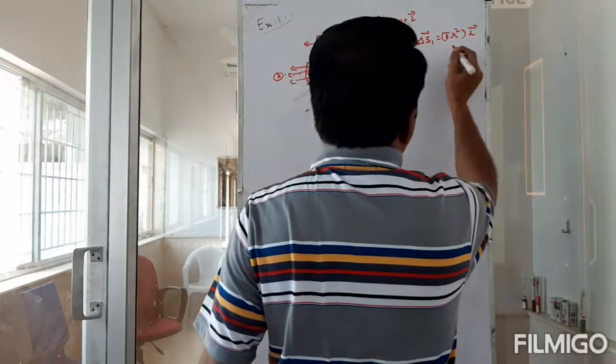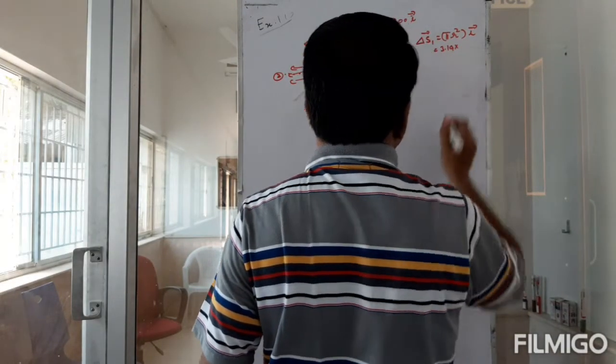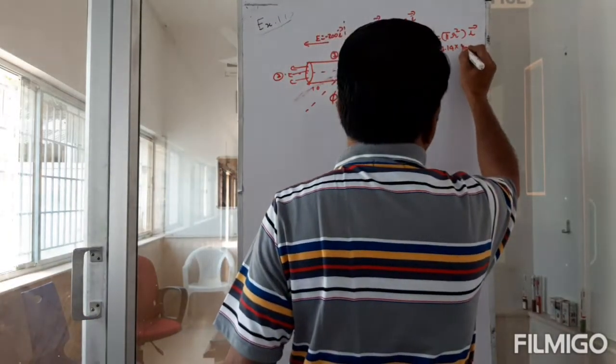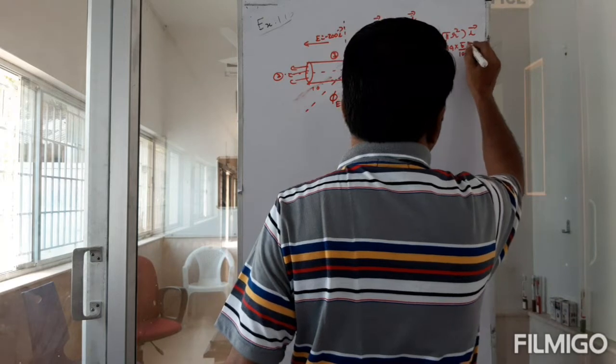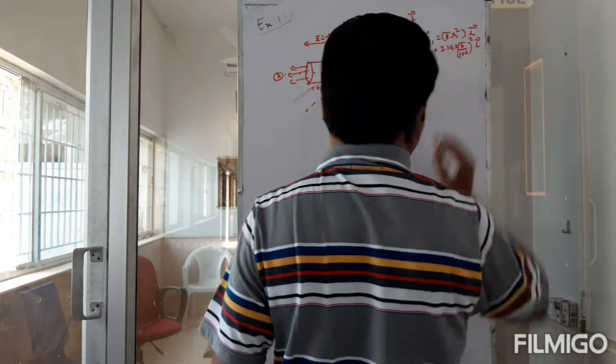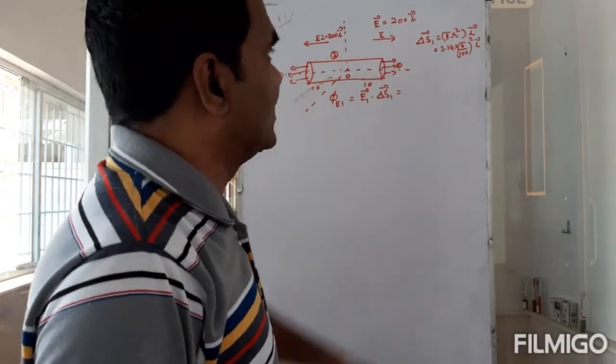So, 3.14 into r, which is 5 centimeters, so 5 by 100 squared, in the i direction. Okay? So, that's my delta S1.